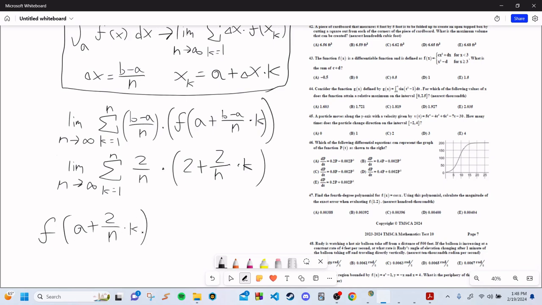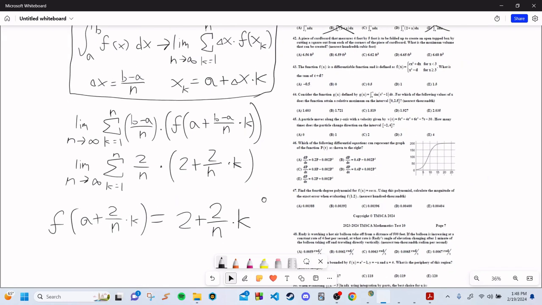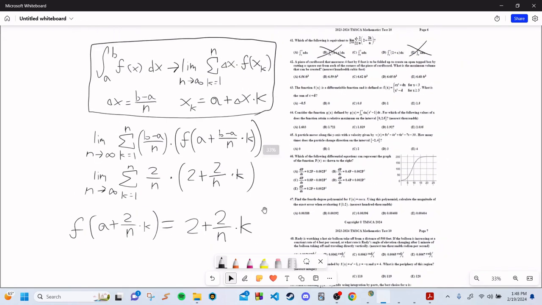We know that this expression must be equal to 2 plus 2 over n times k. And so let's think, what value of a and what function would get us this result?